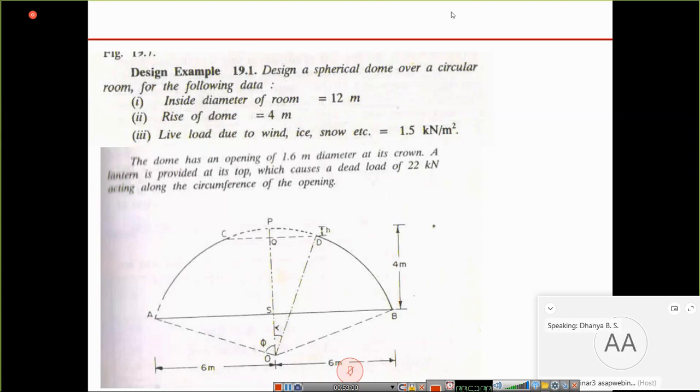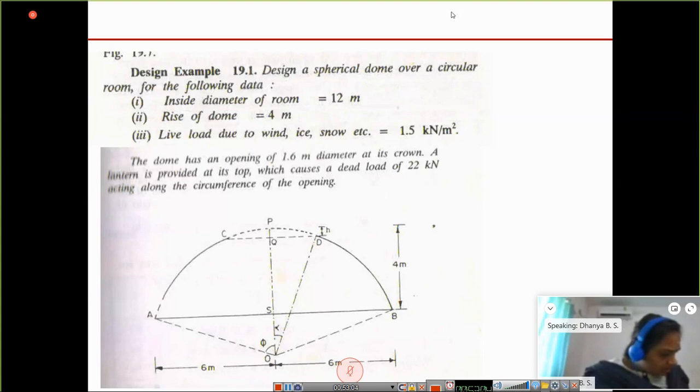The text is written as 12 Newton per millimeter square itself.